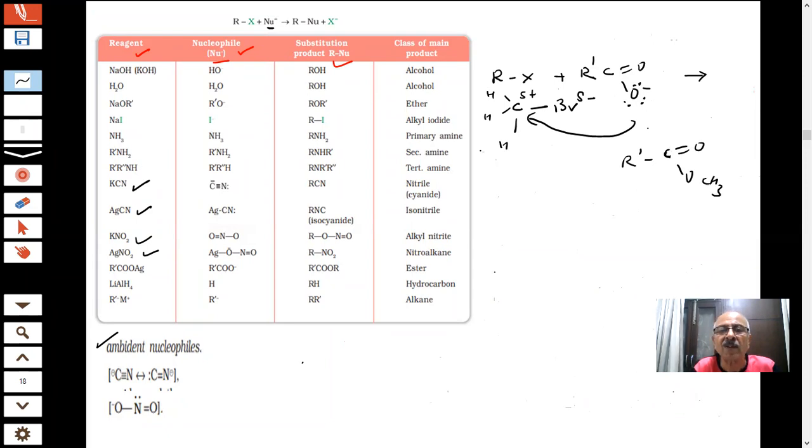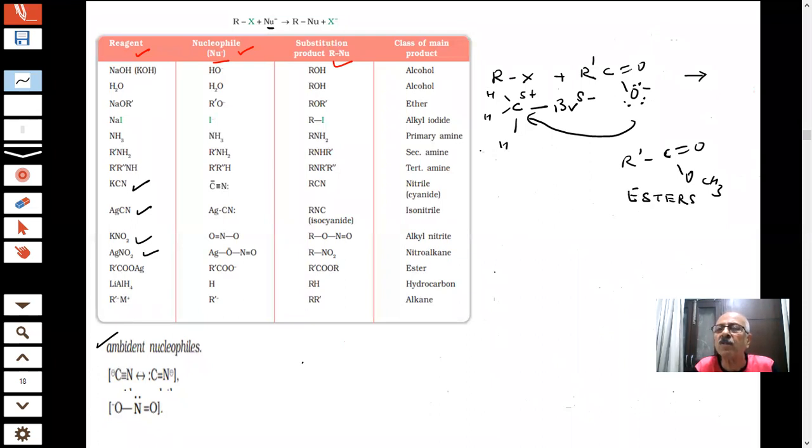What is this product known as? What have we prepared? In organic chemistry, what is the name of these compounds? Esters.